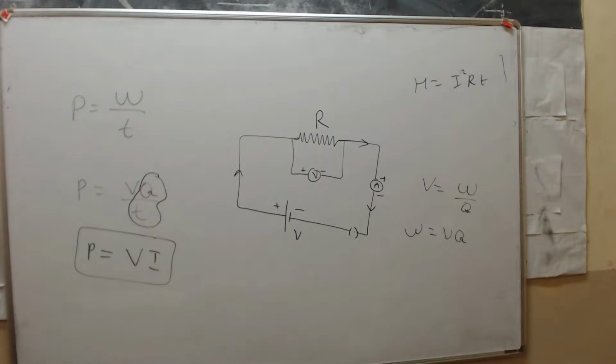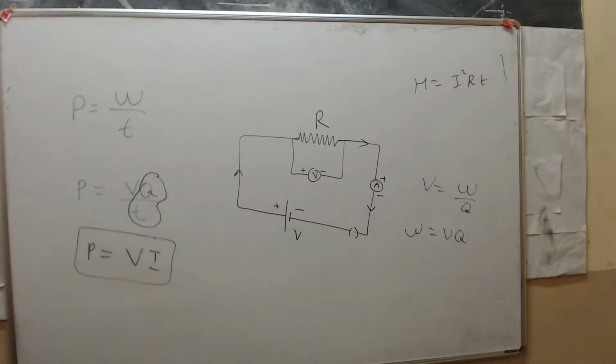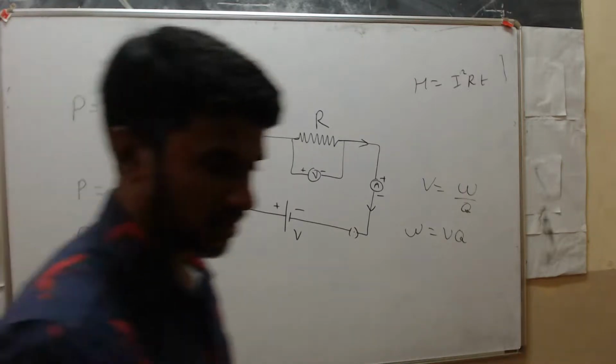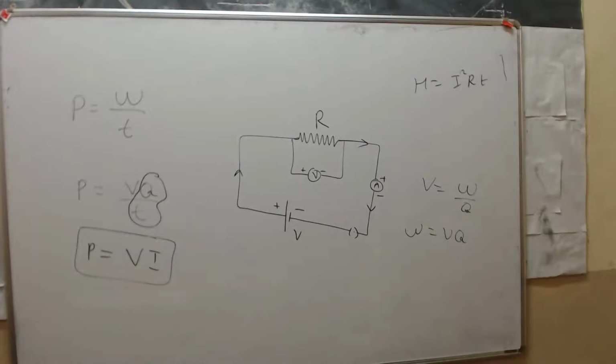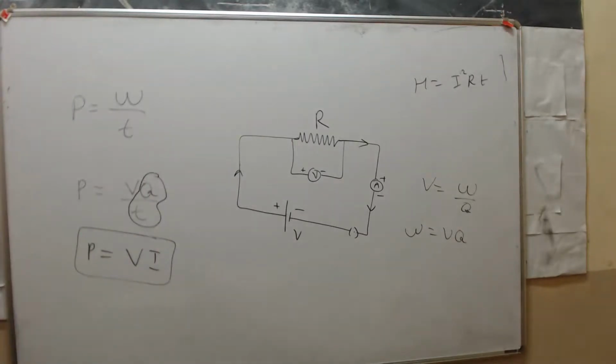Now how to prove H is equal to I square into R into T? What is the next step? Yes, tell me first. Now here, V is equal to what?